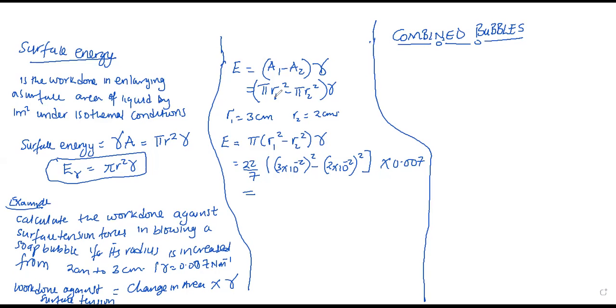One point one exponent negative 5. Are you sure it's 1.1? No. This gamma, this 0 was not there. It is just 0.07. So can you try it again?